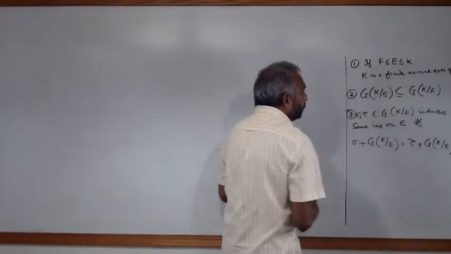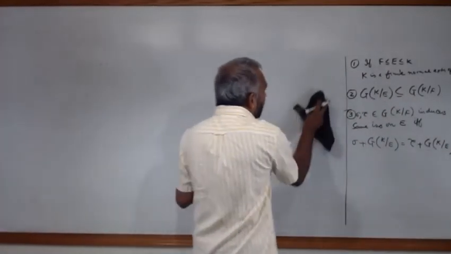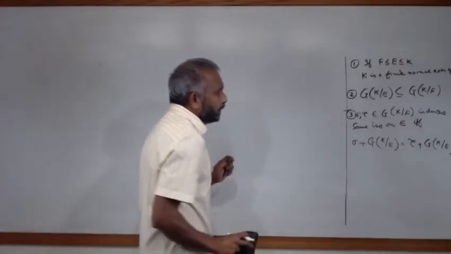Left cosets. So these are the three points which we need to prove.